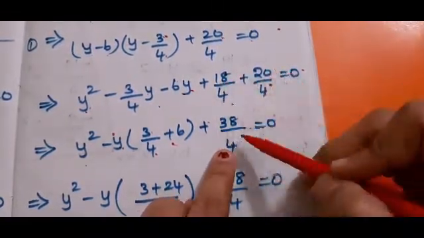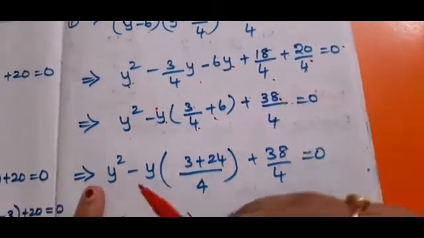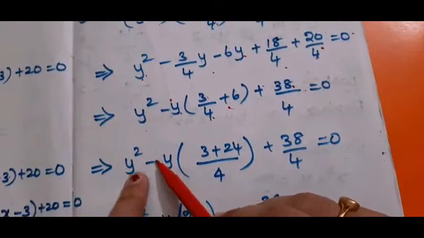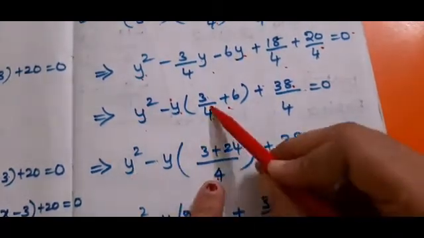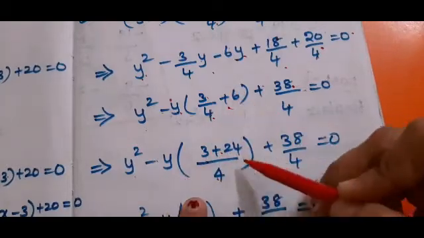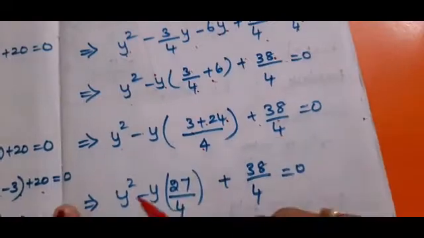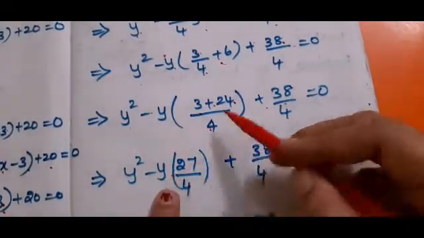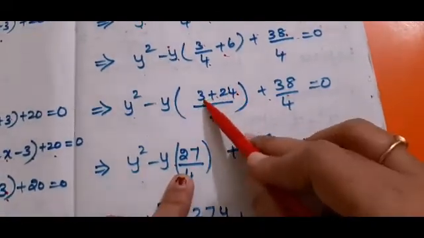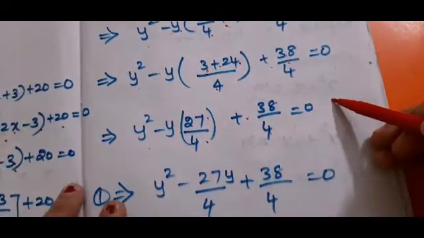So, 18 plus 20 is 38. Then y square minus y, I can take 4 as LCM. This will be 3 plus 6 4s are 24, plus 38 by 4 is equal to 0. y square minus y into 27 by 4 plus 38 by 4 is equal to 0.